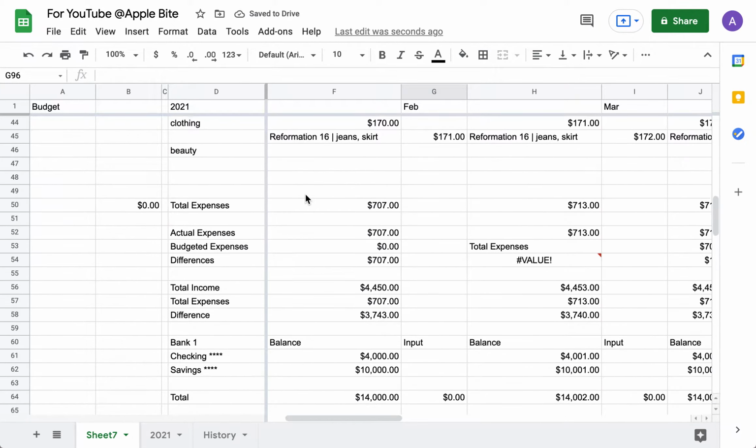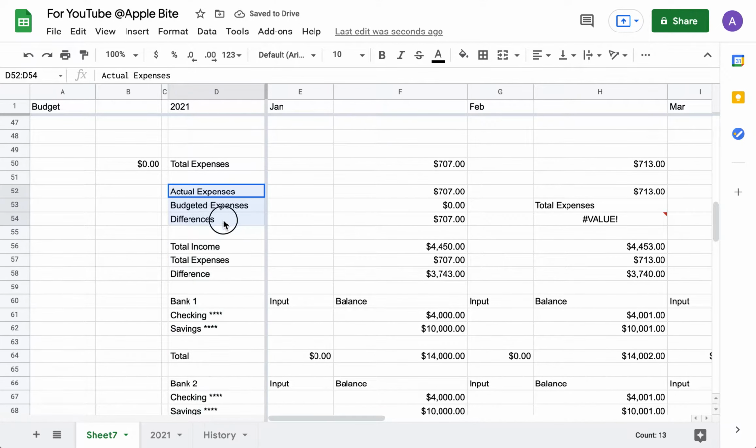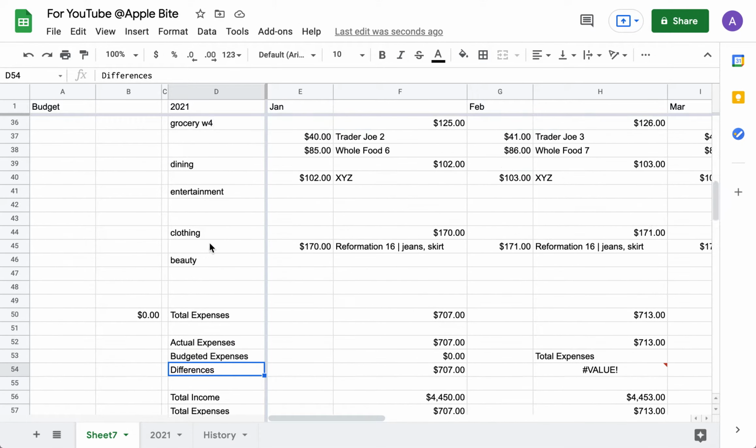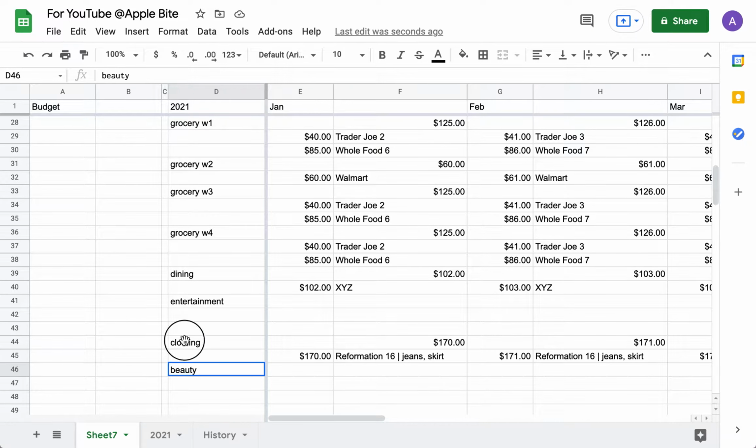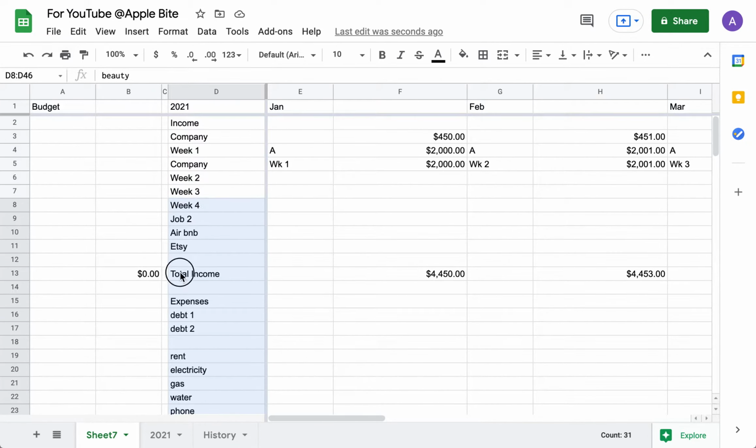So first, copy and paste your expenses category.